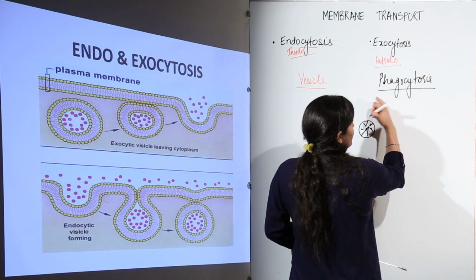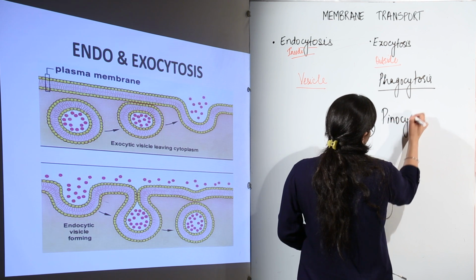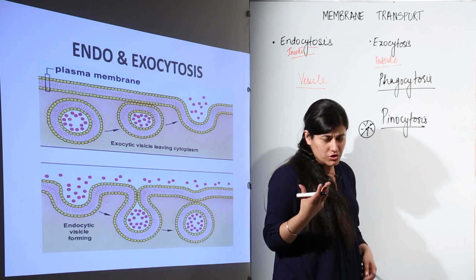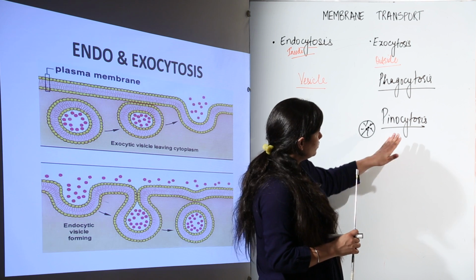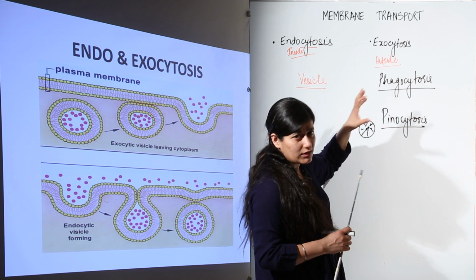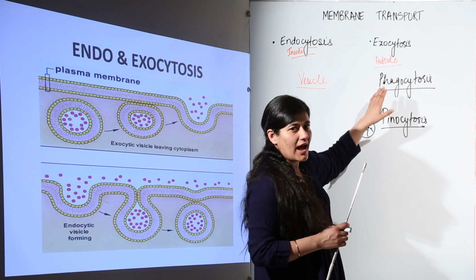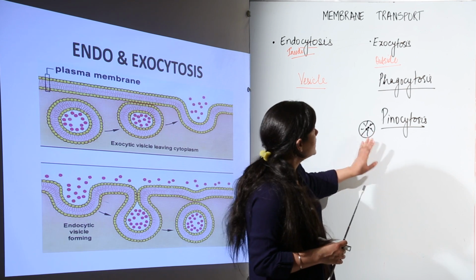Phago is eating and pino is for fluid substances. Supposedly it is water, or any other constituent present in fluid form. The taking up by the cell would be known as pinocytosis. A food particle being eaten up or engulfed would be phagocytosis, and in the case of water it would be known as pinocytosis.